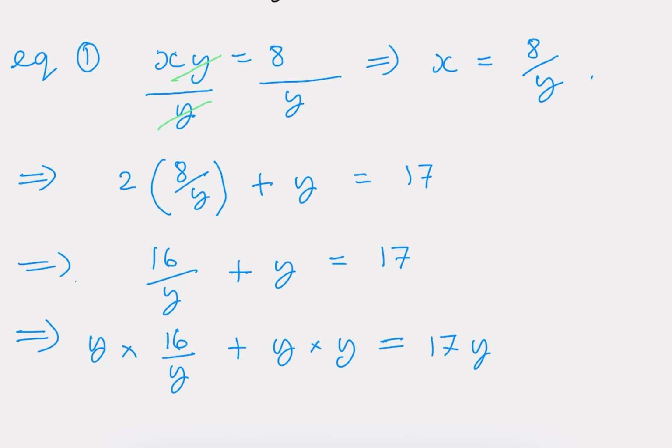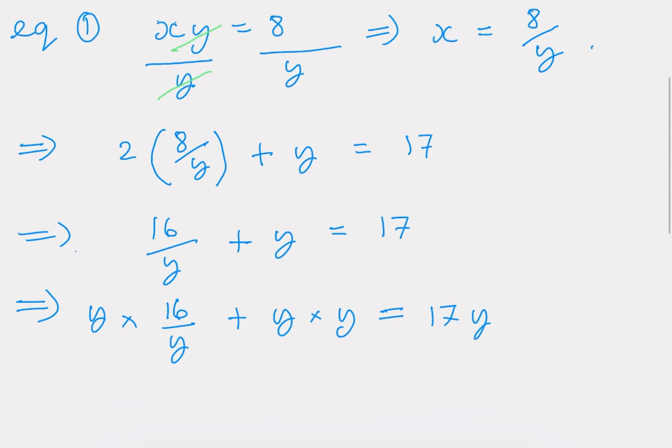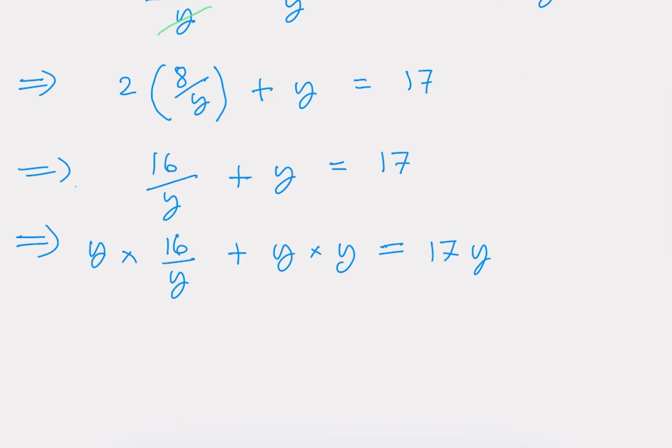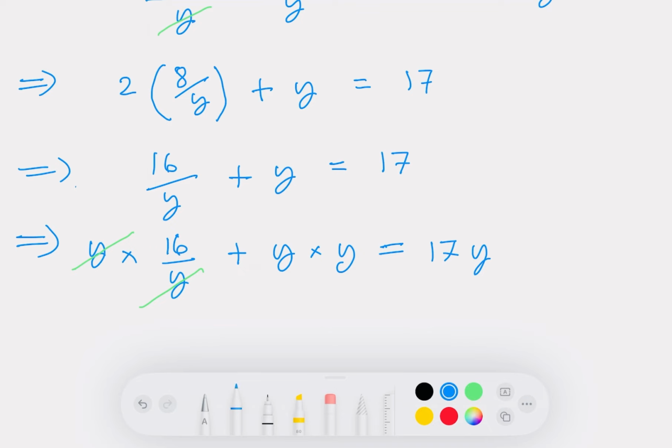So you multiply throughout this equation by y, and then you get this. Now we look at the first term and cancel out the y's there, because one y is at the top and the other y is at the bottom, so they cancel out. We are left with 16 over there.